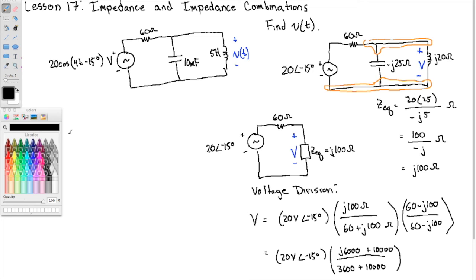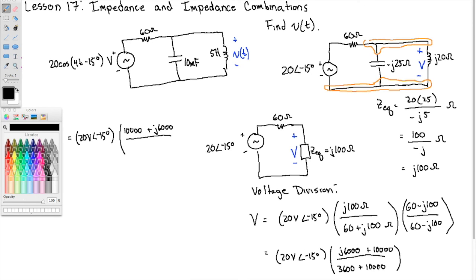Okay, I'm going to bring it over here on the left. So this is now 20 volts, angle negative 15 degrees, times 10,000 plus j6,000. The ohms will cancel, because it's a fraction.